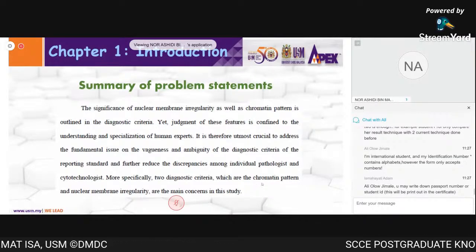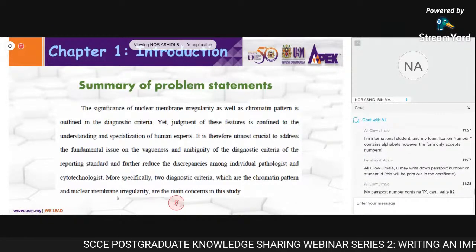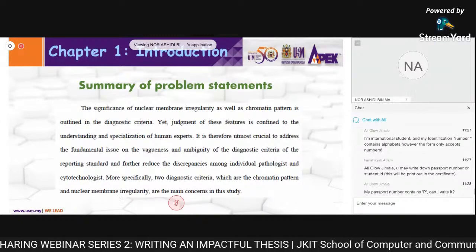So that's why these chromatic patterns and membrane integrity have been included in what we call the thesis title.